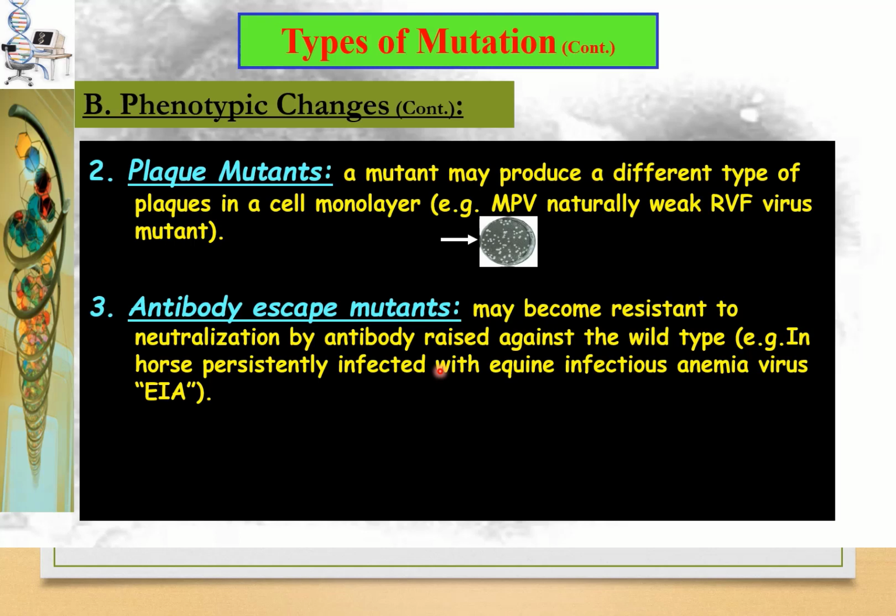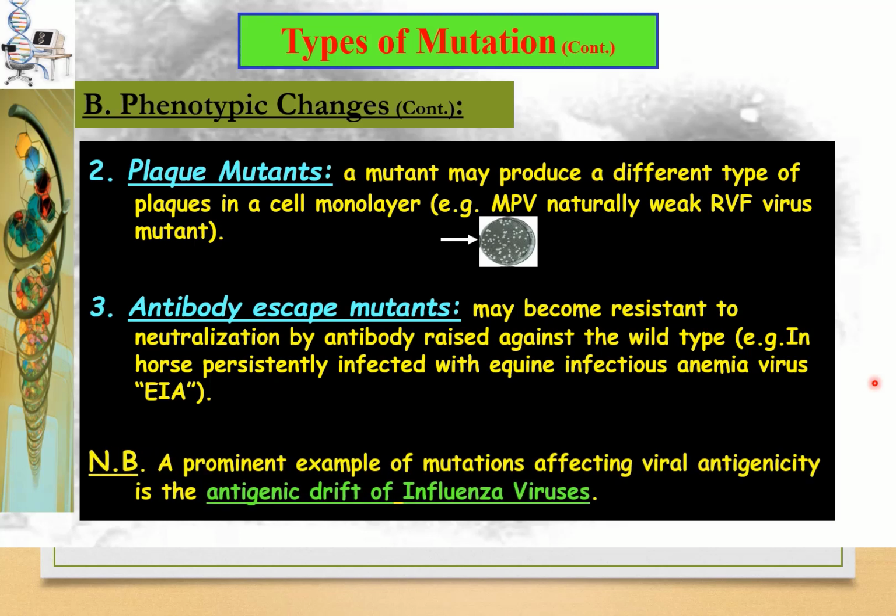Antibody escape mutants may become resistant to neutralization by antibody raised against the wild type, in hosts persistently infected with equine infectious anemia virus. A prominent example of mutation affecting viral antigenicity is the antigenic drift of influenza virus.